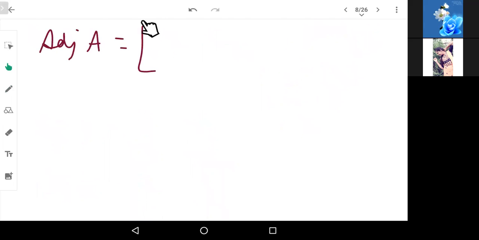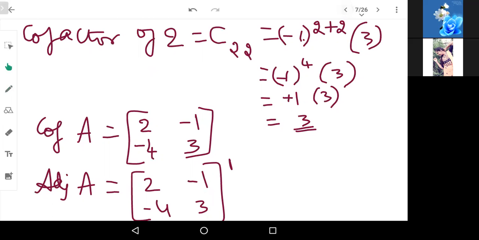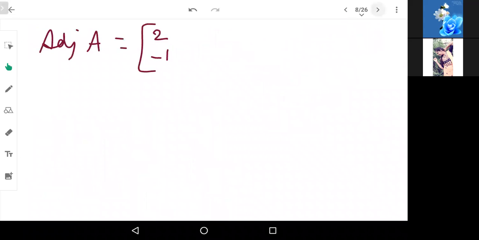And then again here -4 and 3 will become the second column. First row will become the first column, second row will become the second column. 2 and -1, and then -4 and 3. This is the adjoint of matrix A.